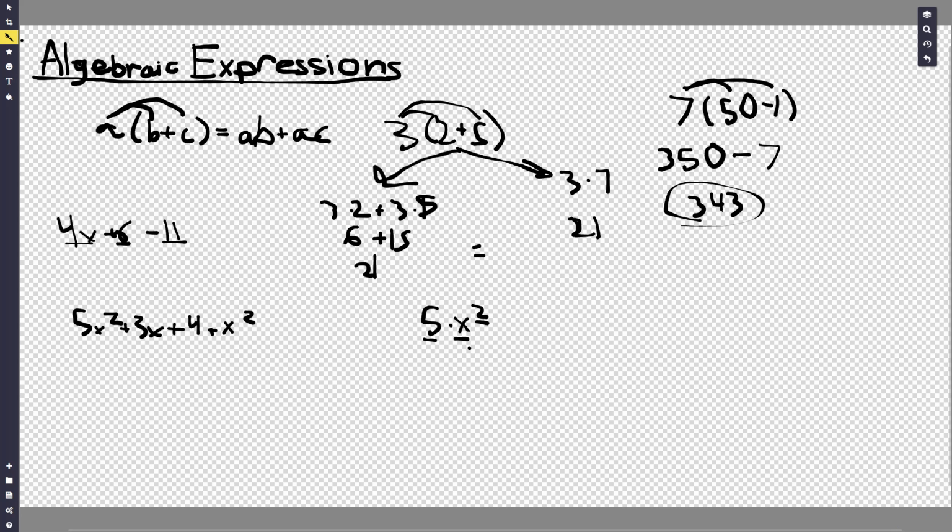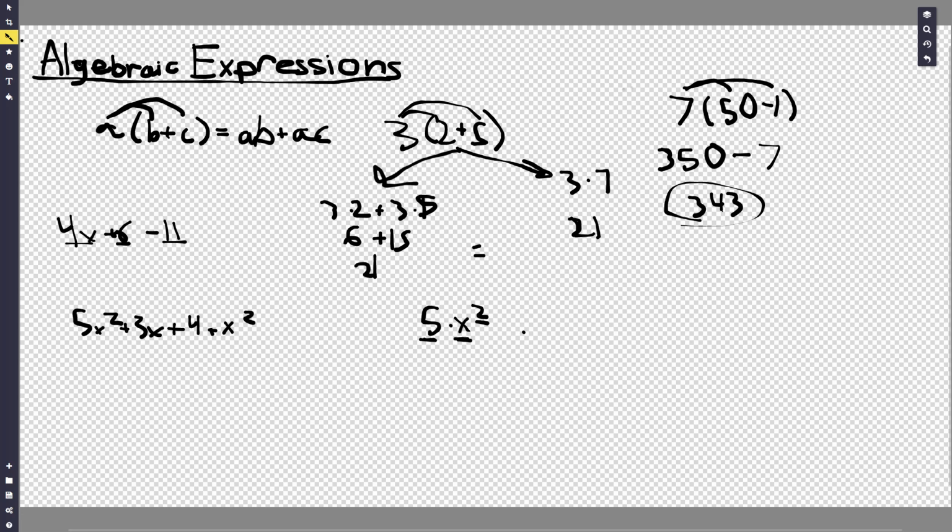The number in an algebraic term with a variable is called a coefficient. So 5 is the coefficient, x is the variable, and 2 is the power. So if something is a like term, that means that it has the same variable and to the same power.